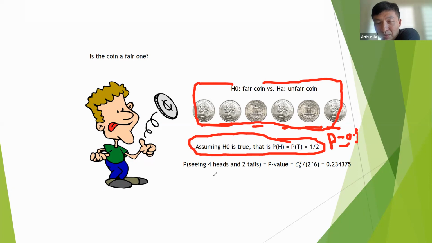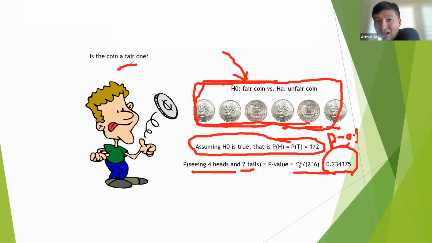The probability of seeing 6 heads and 2 tails equals this. This is quite reasonable, right? If your null model is true, if p equals 0.5, then it is very likely to see data like this. So here we use our data to test our model parameter. Does that make sense?